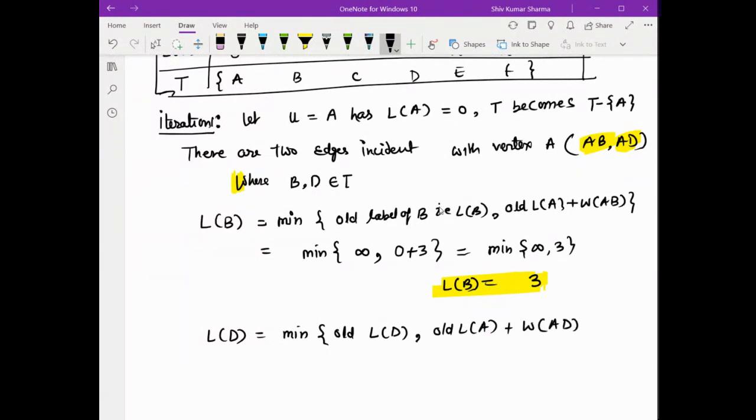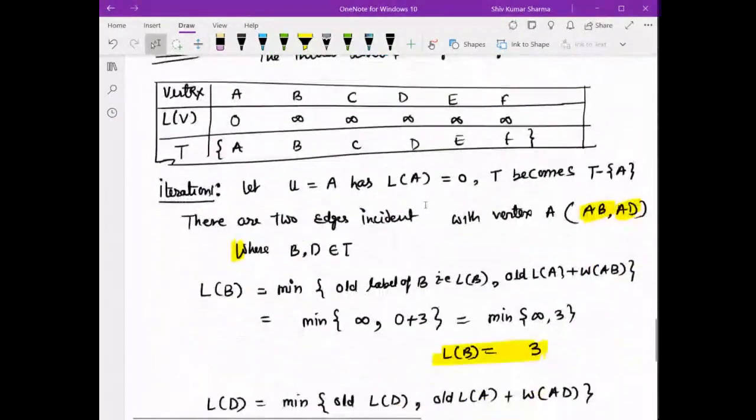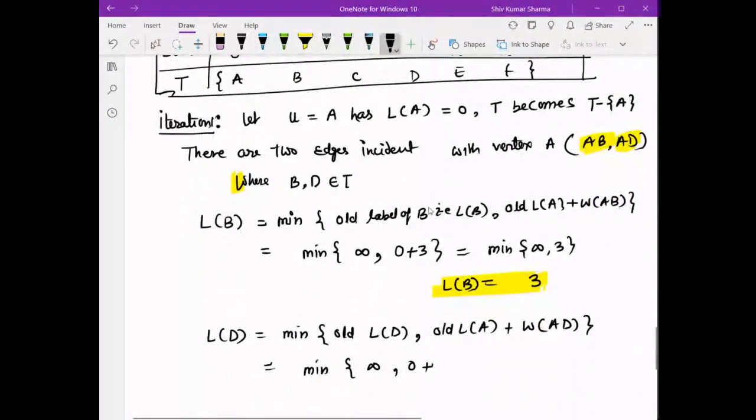W represents weight. So this can be written as minimum of old level of D is infinity, old level of A is 0 plus weight of AD. What is the weight of AD? It is 7. The weight of AD is 7.